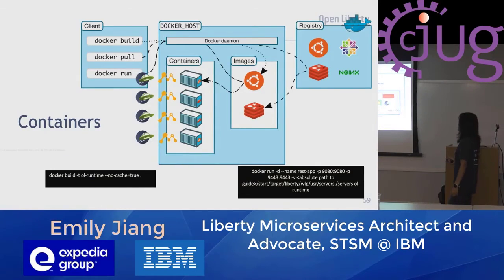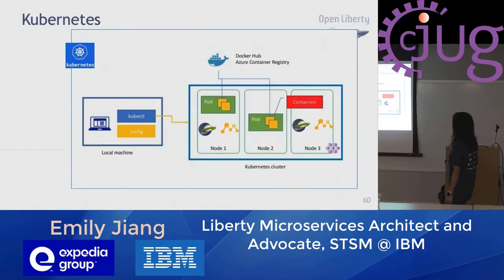So this is Kubernetes. Basically, it manages the containers. Kubernetes has your UI or command line, and this is the Kubernetes cluster. You have one cluster, and you can have many nodes. Each node is kind of like a physical machine, and each physical machine can have many pods.